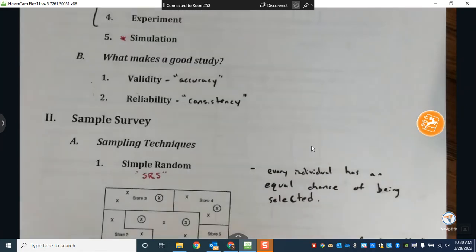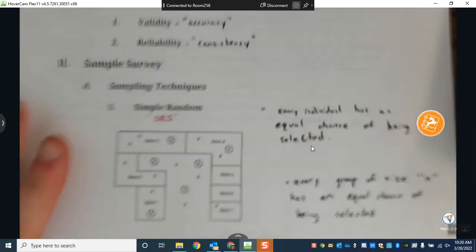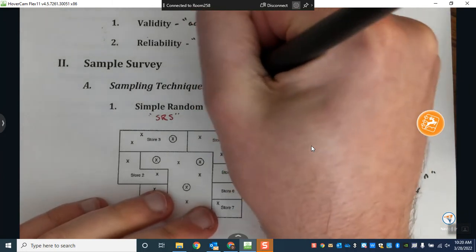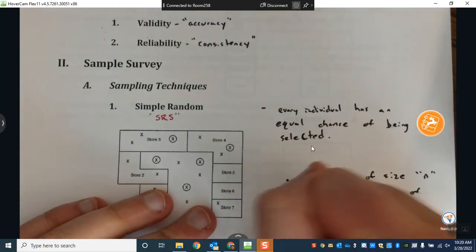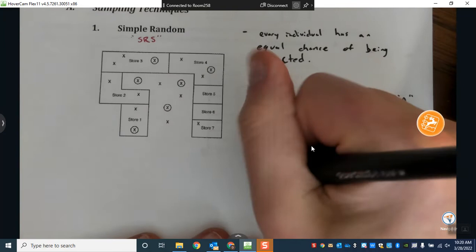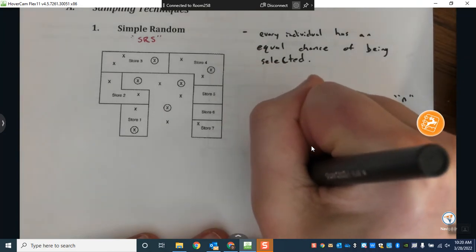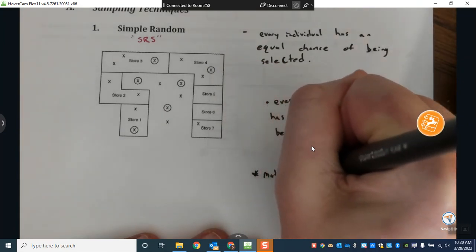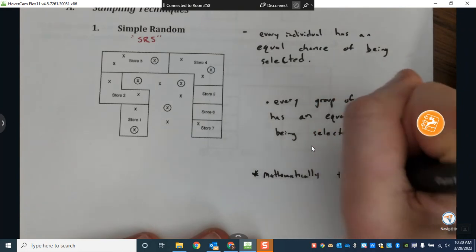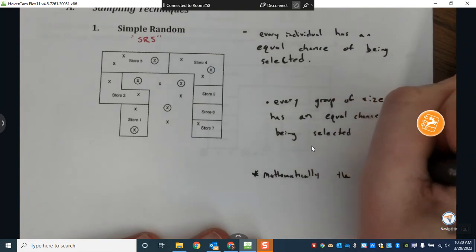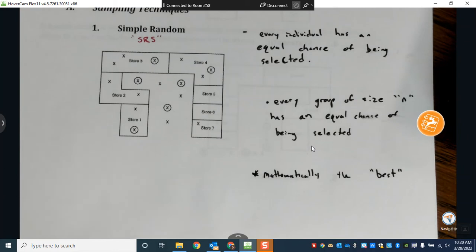Now a simple random sample is, we'll put this up here, mathematically the best. A lot of proofs of the processes that we use need our sample to be a random sample, or assume that it's a random sample.